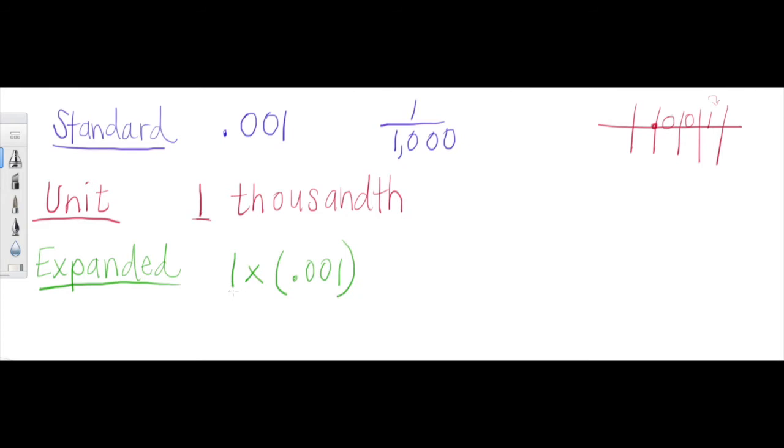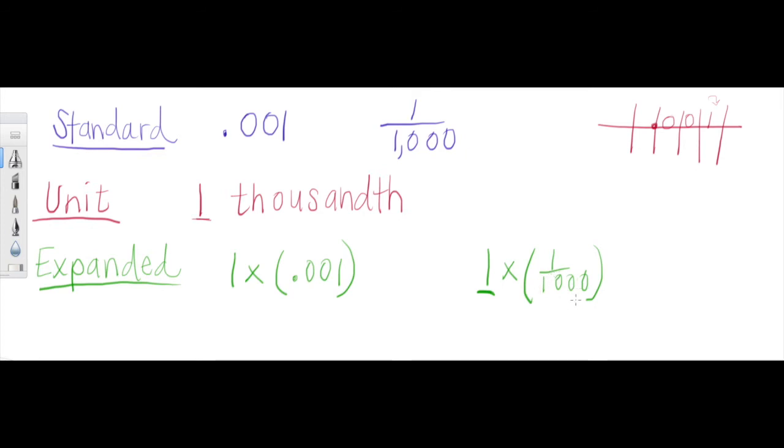We can write expanded form just like we did in standard form, in decimals or fractions. So expanded form can be written as a decimal, or it can actually be written as fractions. So if we were to write 1,000th in expanded form, we would have one copy of 1,000th. And again, as you guys can see here, expanded form is just isolating each place value and noting how many copies of each place value we have.